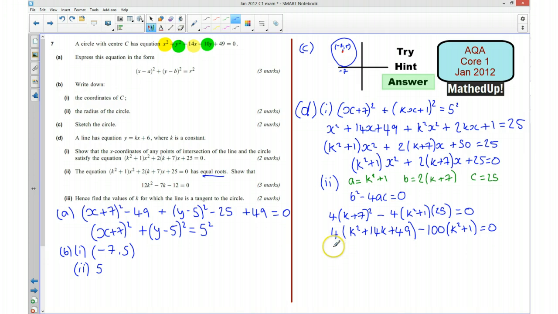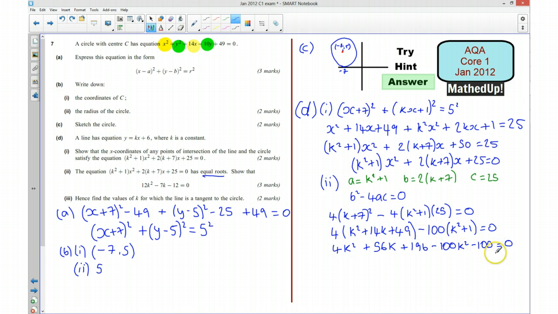Multiplying all of this out, I've got 4k squared plus 56k plus 196, subtract 100k squared, subtract 100 equals 0.